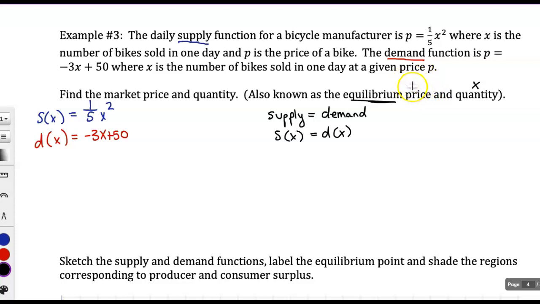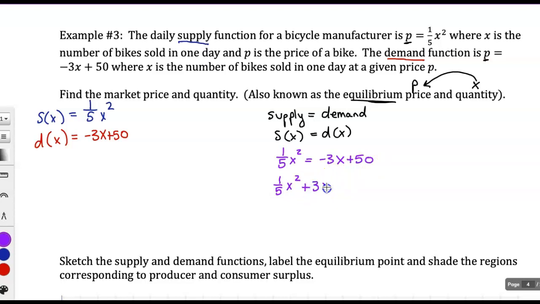So your equilibrium price would be P up here, but it's basically what do I get when I plug X into the equations. So first thing I'm going to do is exactly what it says here, set my supply function equal to my demand function, and then solve for X. So it's a quadratic that also has a linear term and a constant term.